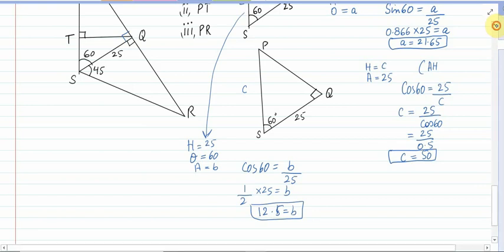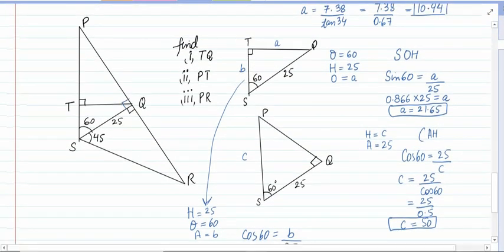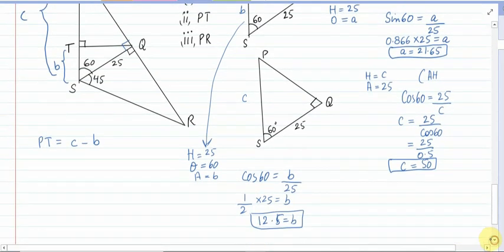Now why did I find A, B and C? Now listen. In this figure, this total length from P to S, we take this length C. The length of T to S is B. You can find out the value of PT easily by subtracting the value of B from C. So PT is equal to C minus B, right?